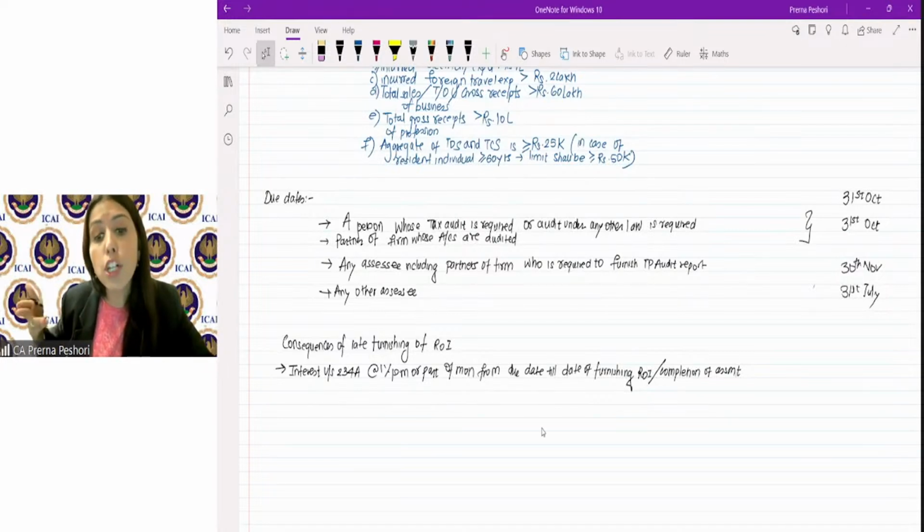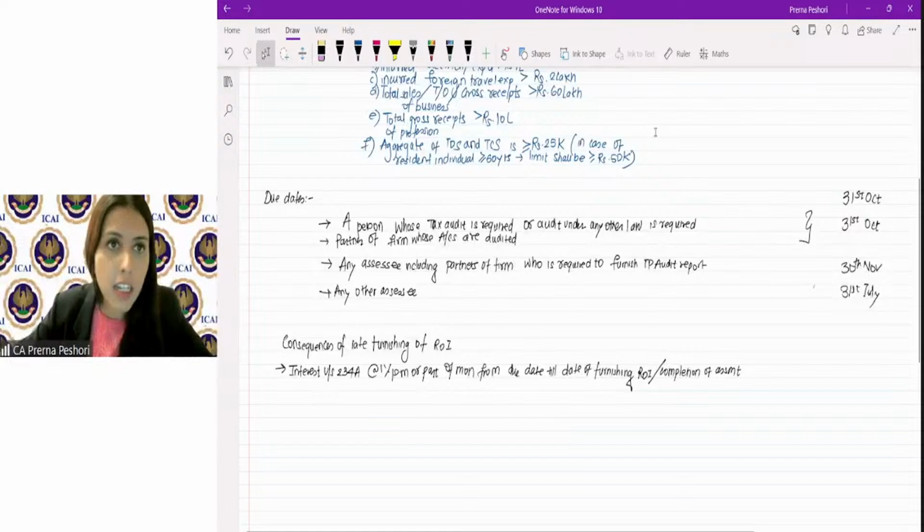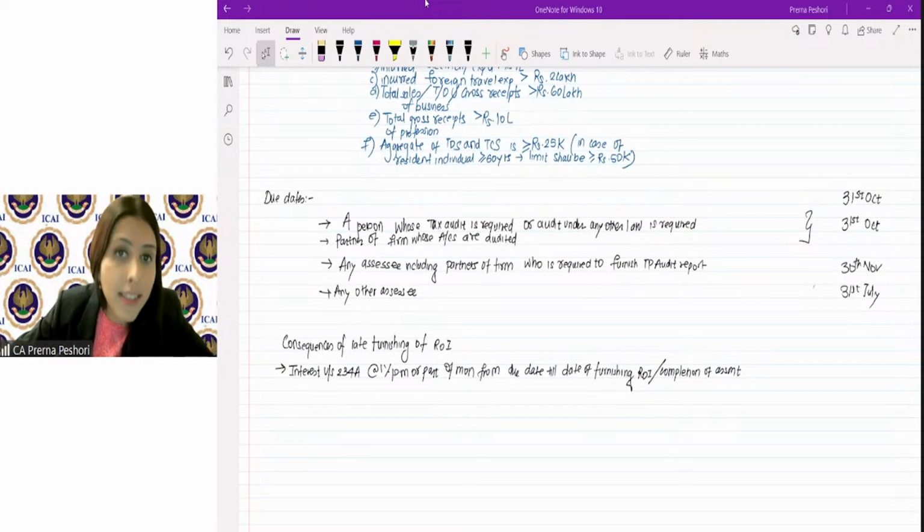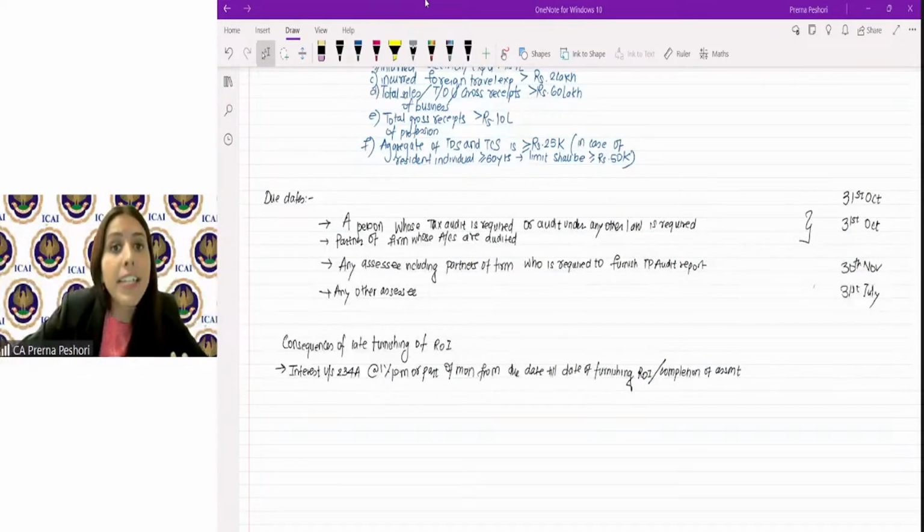Interest under section 234B and C which is there, that is applicable for the short payment and late payment of advance taxes, Simranjeet. So interest under 234A, Simranjeet, is for the late filing of return. If any tax is payable in the return, then only interest under 234A is applicable.